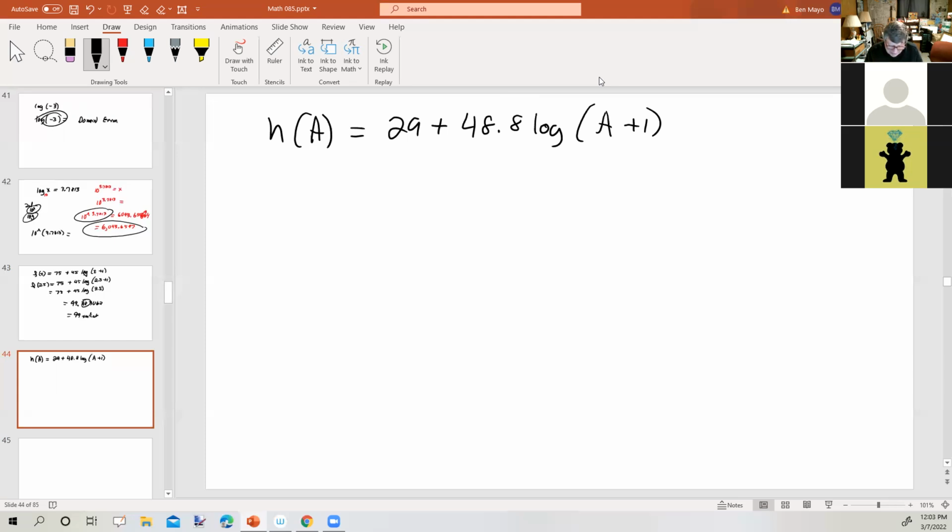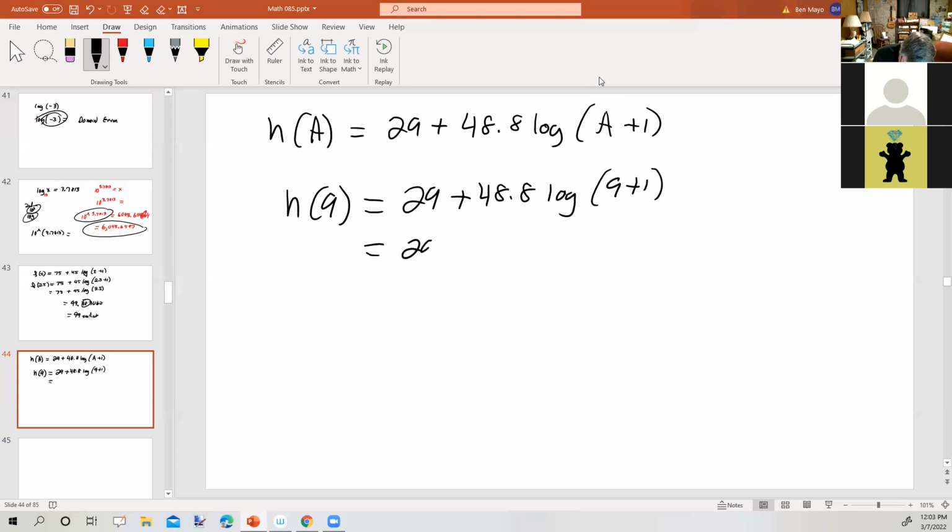If a boy is 9 years old, what percent of his adult height will he have reached? So h of 9 is 29 plus 48.8 log of 9 plus 1, which is 29 plus 48.8 log of 10.